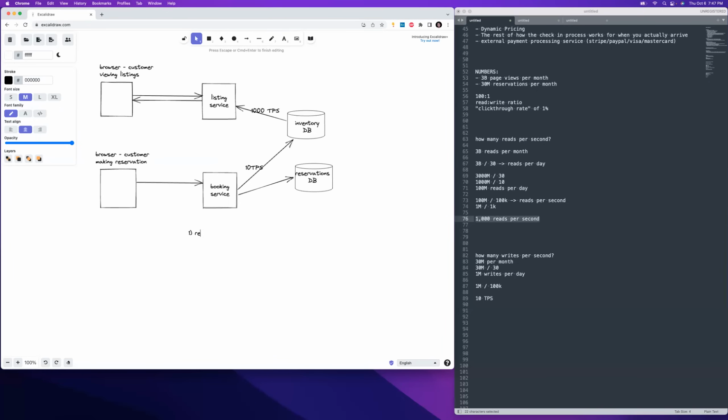So 1, we receive the request from the customer. 2, update the inventory. 3, update the reservations. 4, return response to the customer.